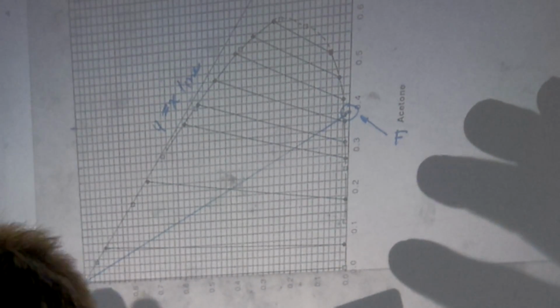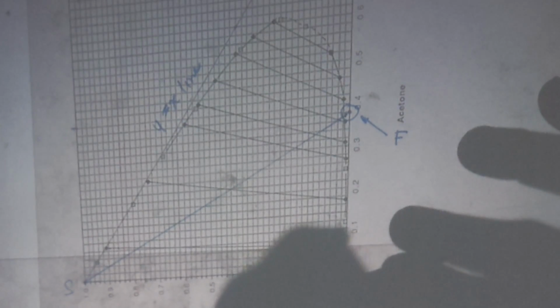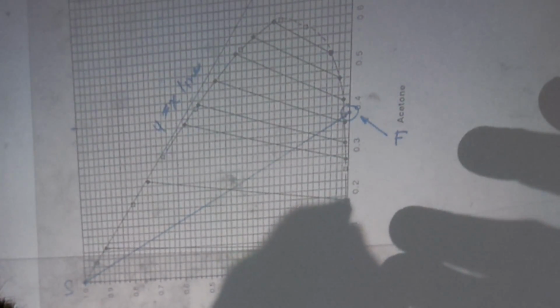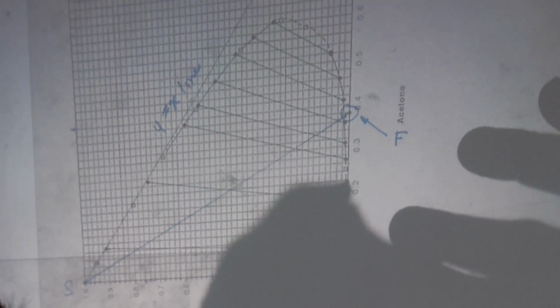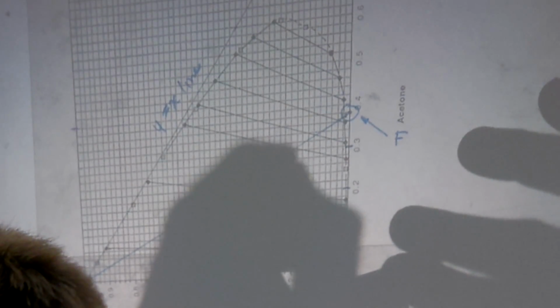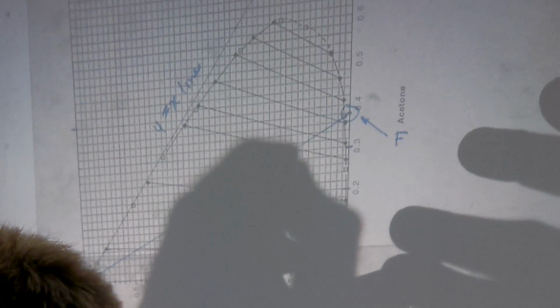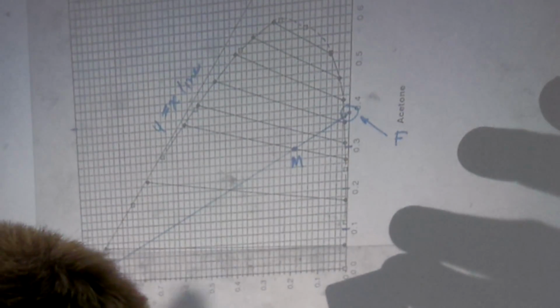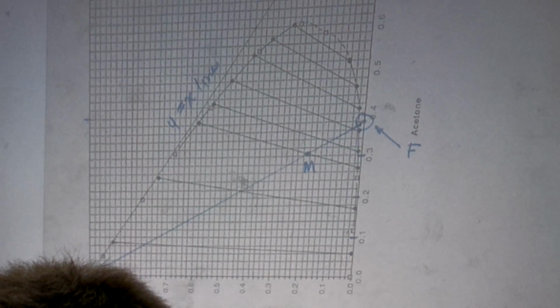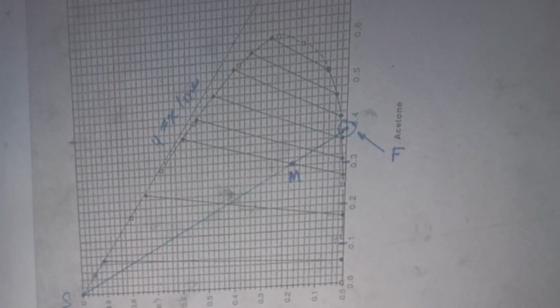Notice I could do a better job with 2, 4, 6, 8, 10. I guess right about there would be nice. I'm going to put it there right on the tie line. Yes, that's legal to do. That's called eyeball estimating, right? But basically that's where it is.